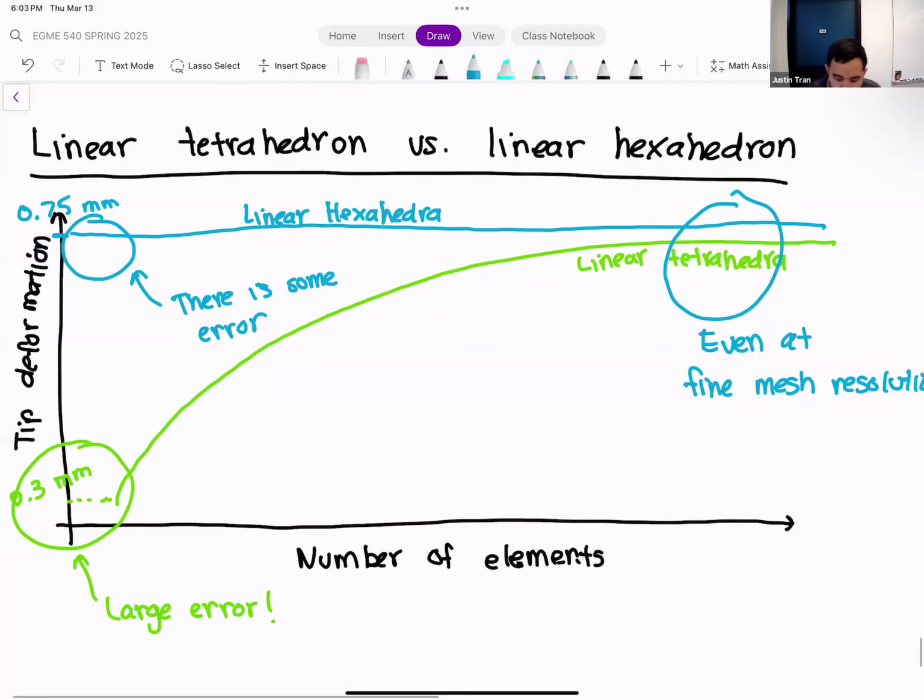Even at fine mesh resolution, there's still a little bit of error between these graphs. Now, that's not to say that you can't keep refining the linear tetrahedrons so that there's not any error, but it takes a while to get there, and the convergence once you get to that area is quite slow.